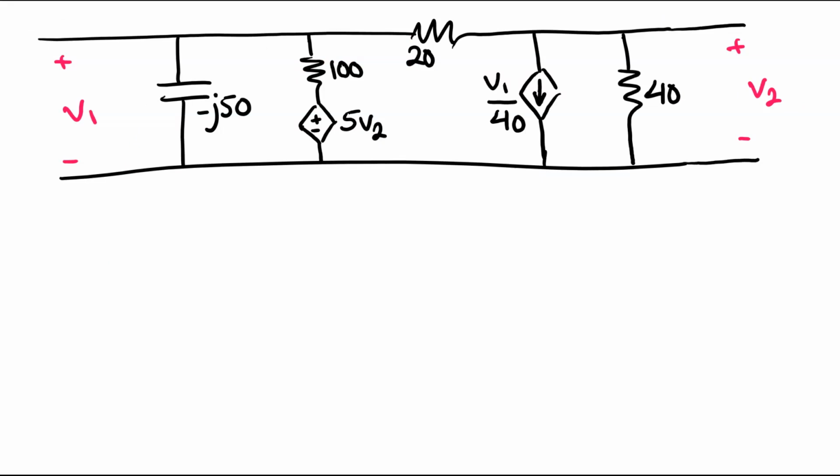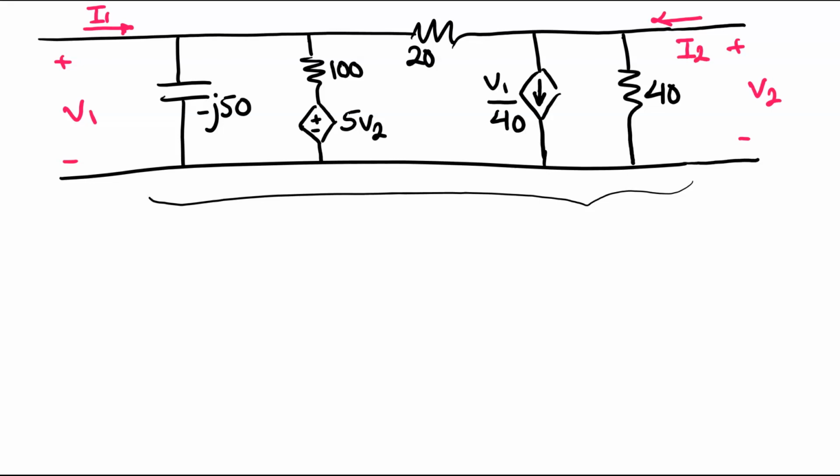Let's assume that I have this circuit and I'm interested in a matrix which describes the circuit that I have here between my input and output terminal. So here I have V1 and this is my I1 and this is going to be my I2 and here is my V2 terminal.